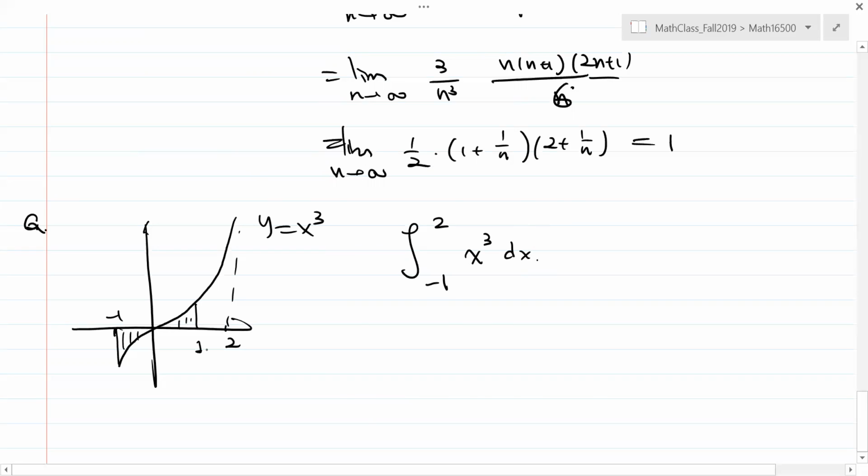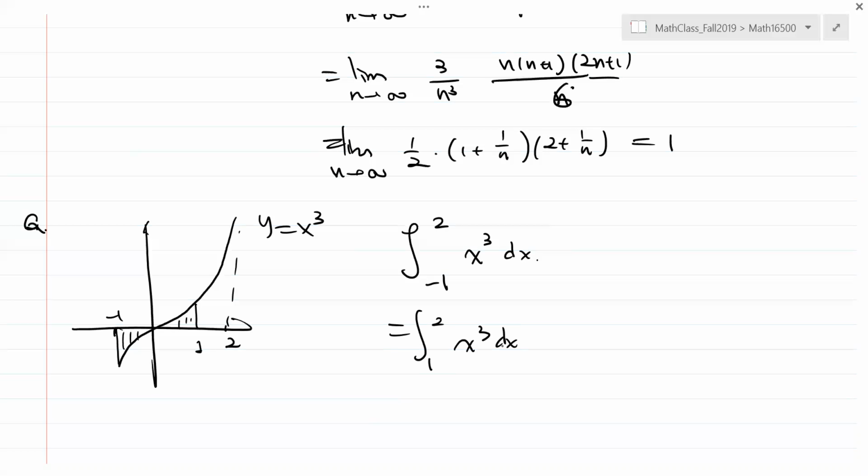is going to be the integral from 1 to 2 of the function, the same. Okay, according to the picture, clearly it's going to be from 1 to 2 of x cubed dx, right? Because the negative part and the positive part, those two are identical, canceled out.